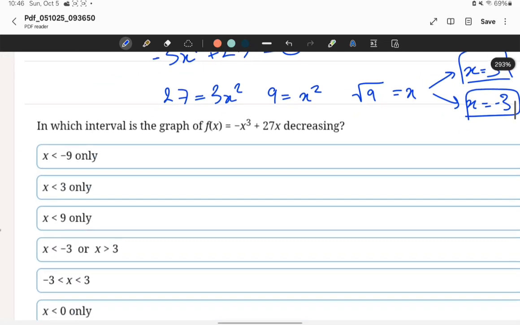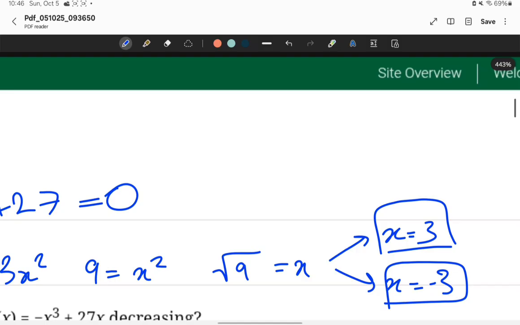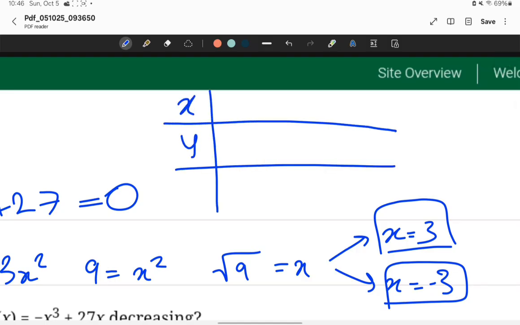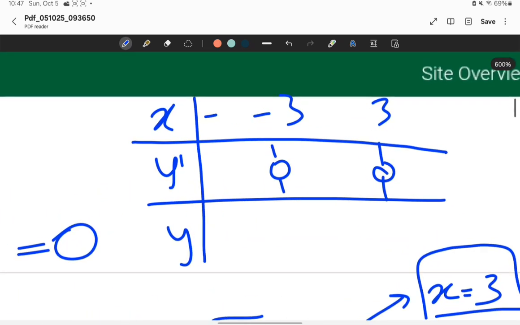Now to find which part it's decreasing, we're going to do the table. Remember the minimum maximum table? We're going to do that. Do y prime, y. I'm going to put in our values, negative 3 and 3, equal 0. Okay, so we're going to take any value that's here, so minus 5 for example, and here we're going to take 0, here we're going to take 5.